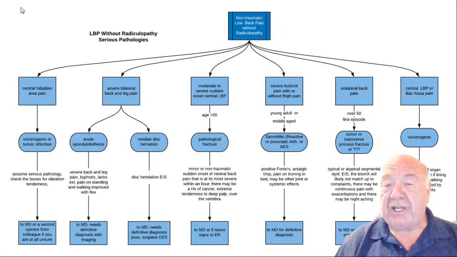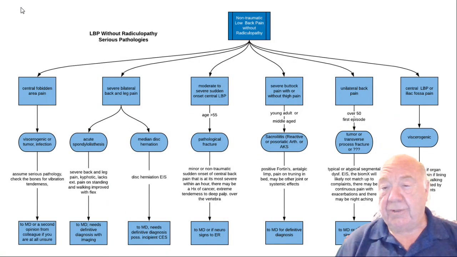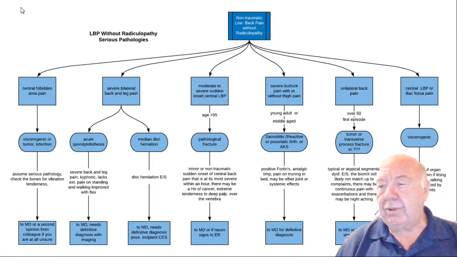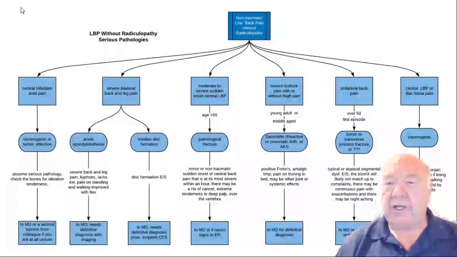If it's a middle-aged person, you're probably looking at something akin to sacroiliitis, but more, not necessarily correctly, but as far as the differentiation term is concerned, it's better, a reactive arthritis as part of Reiter's disease or Crohn's disease, but it can also be from things like psoriatic arthritis or enteric arthritis. So look for positive folding signs and antalgic gait.